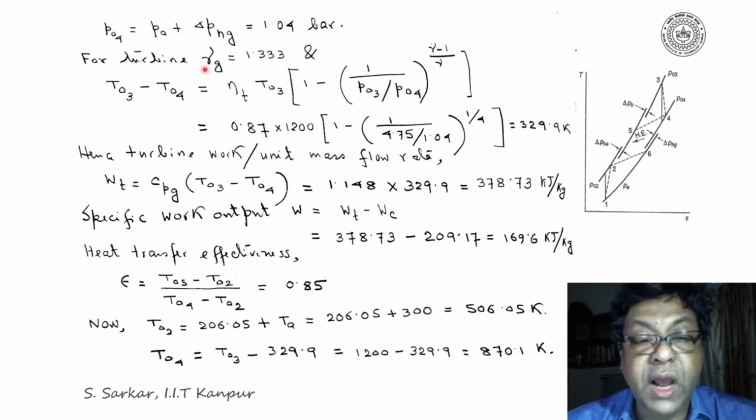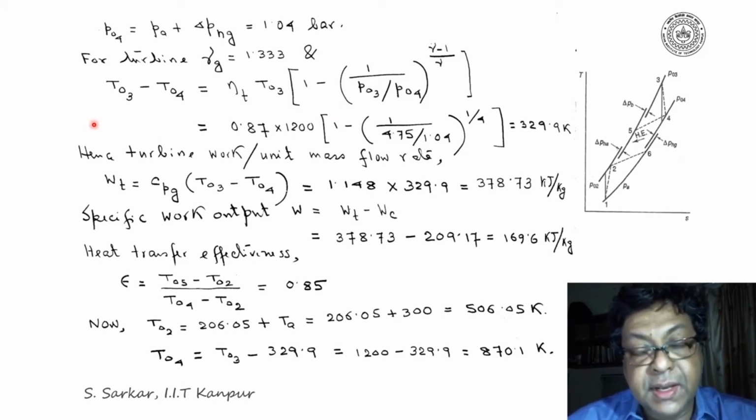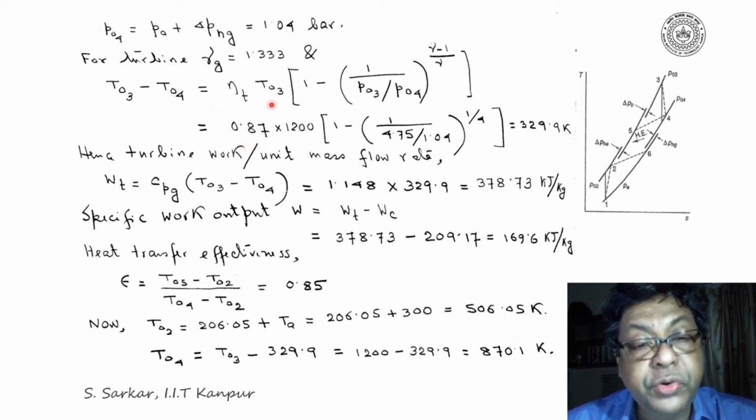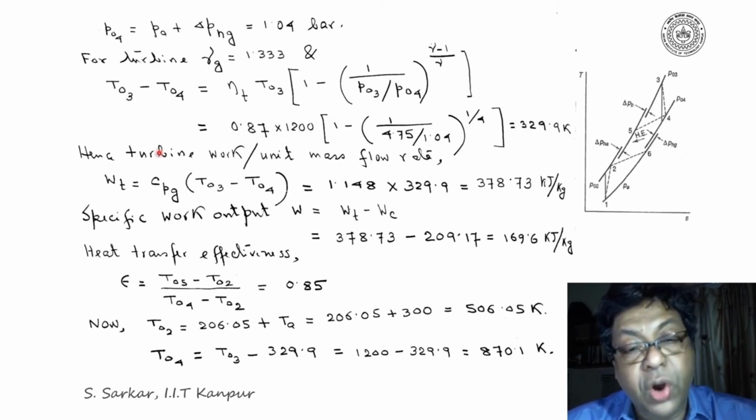This expression I have also derived while illustrating the flow through turbine. Now here eta T is given as 0.87. T03 is the maximum temperature of the cycle, which is also stated as 1200 Kelvin.